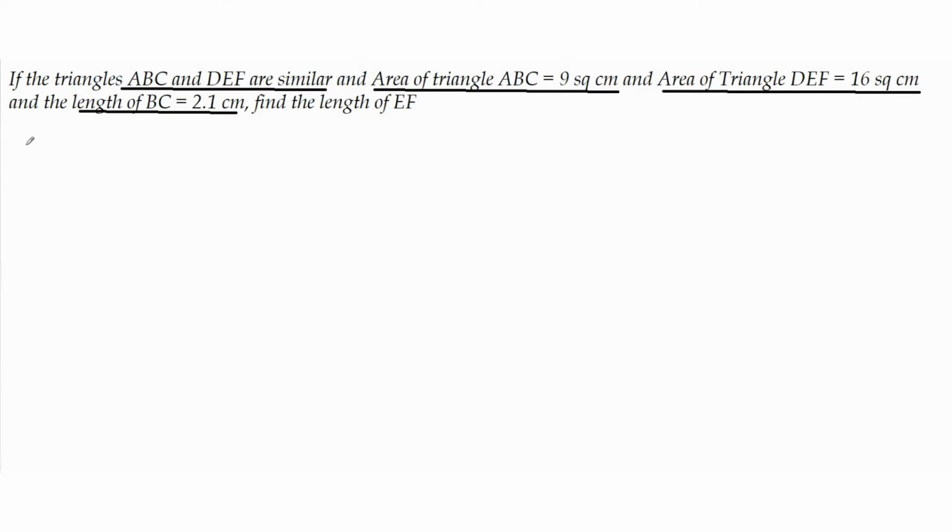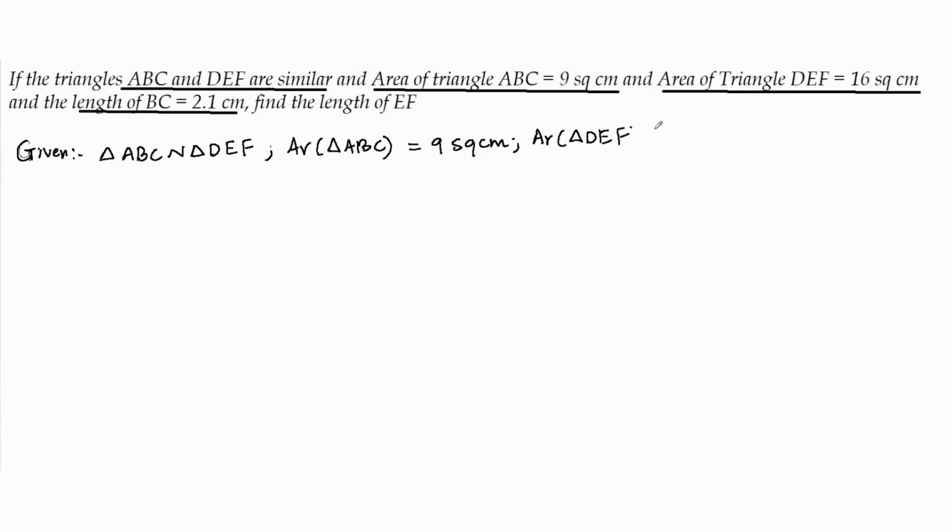So let us list down all that is given. It's given that triangle ABC is similar to triangle DEF, and it is also given that area of triangle ABC is 9 square centimeters, and area of triangle DEF is 16 square centimeters.